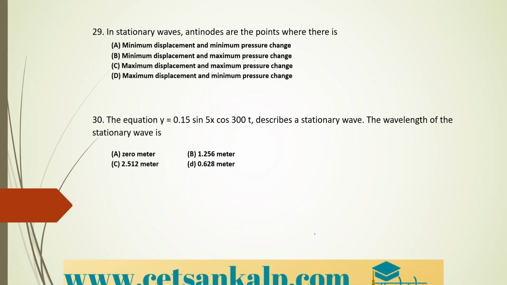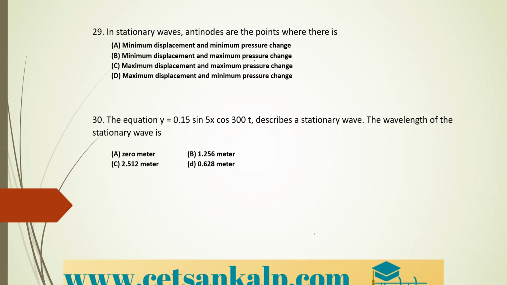Option C, maximum displacement and maximum pressure change. Option D, maximum displacement and minimum pressure change. Nodes have minimum displacement. Antinodes have maximum displacement. When the displacement is maximum, the pressure change is minimum. Therefore, option D is the correct option here.